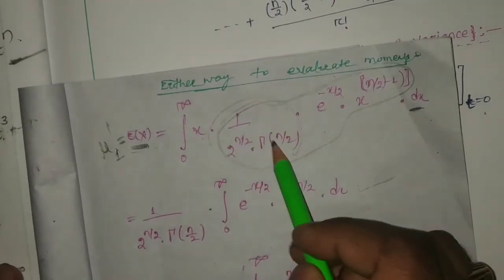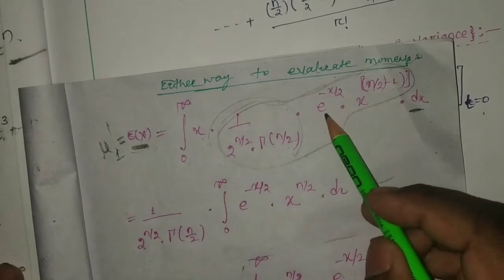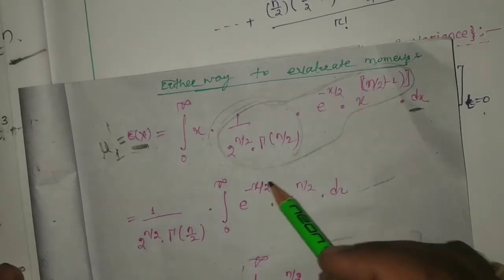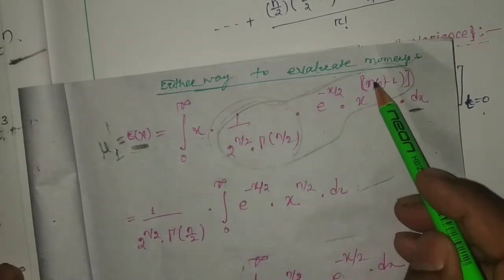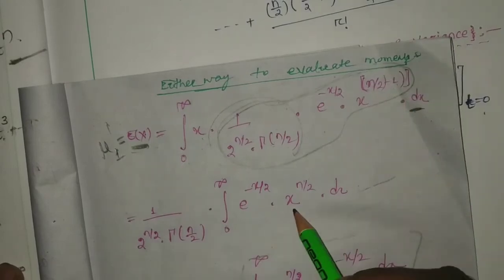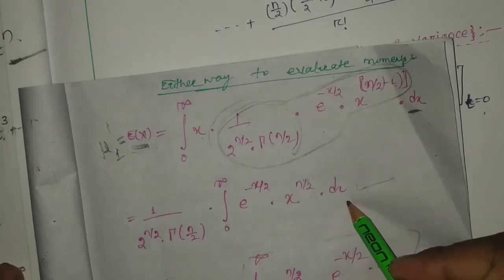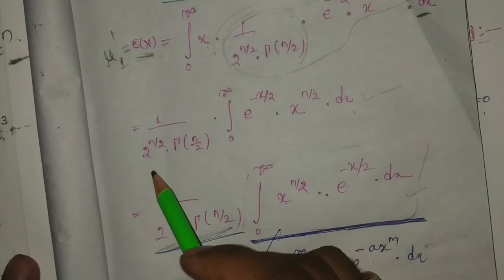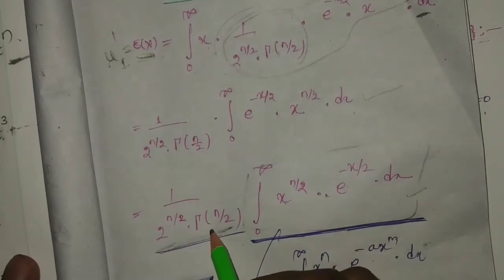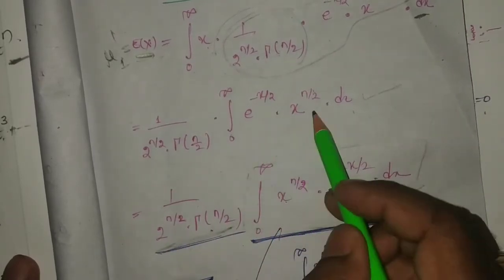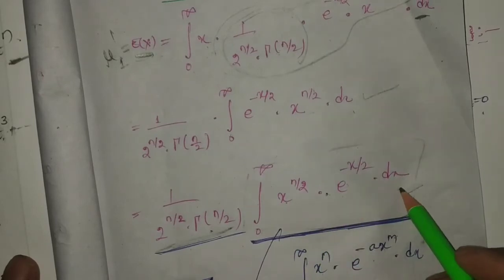The constant is taken outside, e to the power minus x by 2, and x to the power n by 2 minus 1, so x to the power n by 2 dx. Here 1 by 2 to the power n by 2 into gamma n by 2 is there, and I have written this much over here.